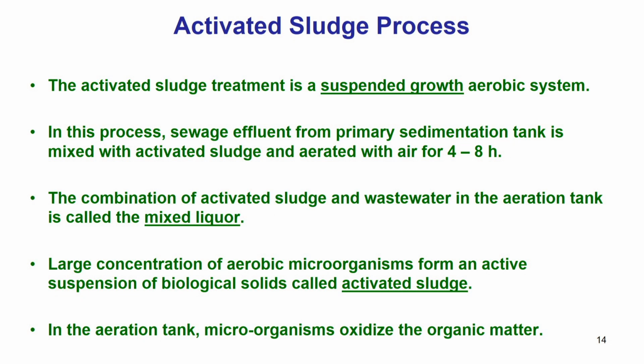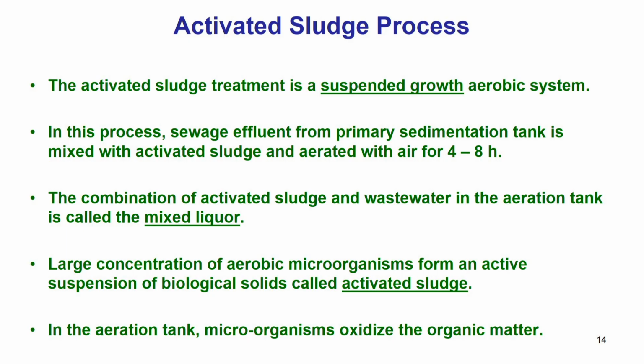Now this is the activated sludge process. So activated sludge treatment is a suspended growth system, where the wastewater in the aeration tank remains in suspension, as well as the microbial population or sludge remains in suspension. It is not attached to any media here. In this process, sewage effluent from the primary sedimentation tank is mixed with activated sludge and aerated for 4 to 8 hours.